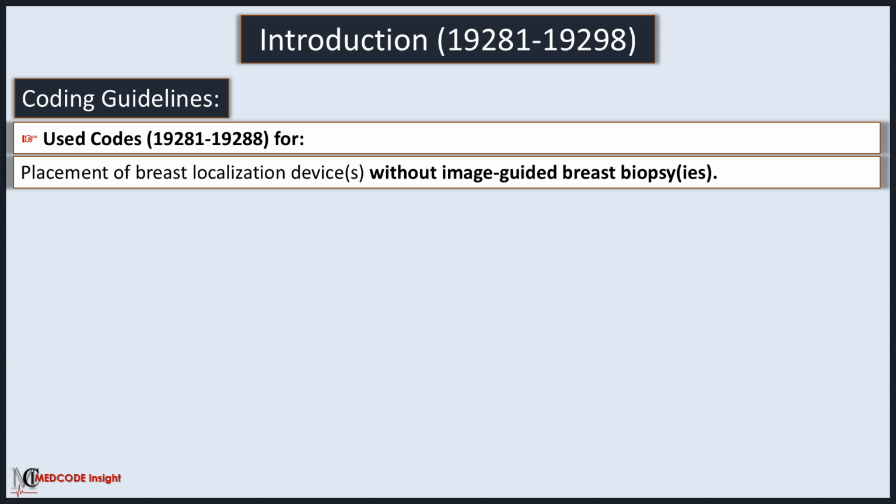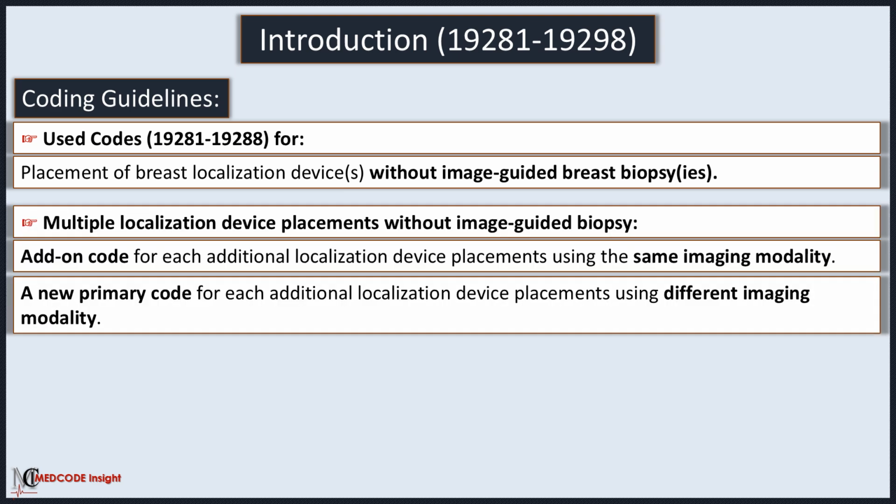Here are some coding guidelines related to the introduction of percutaneous image-guided placement of breast localization devices. Code range 19281 to 19288 is used for the placement of breast localization devices without image-guided breast biopsies. In case of multiple localization device placement without image-guided biopsy, if using the same imaging modality, use an add-on code.